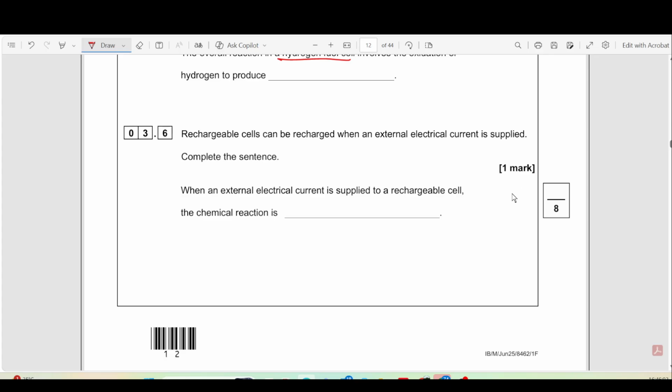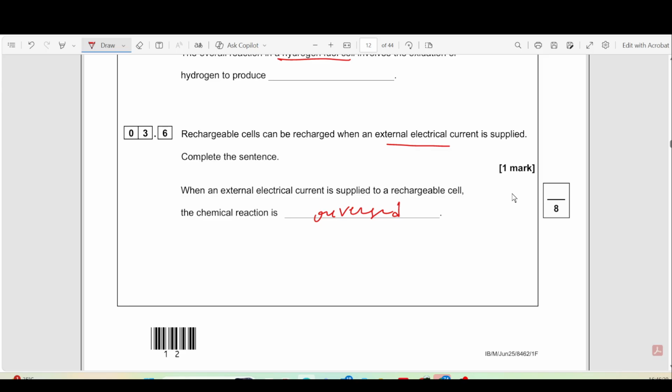Then, rechargeable cells can be recharged when an external electrical current is supplied. When an external electrical current is supplied to a rechargeable cell, the chemical reaction is reversed. Why? Because these cells contain chemical reactions that are reversible.